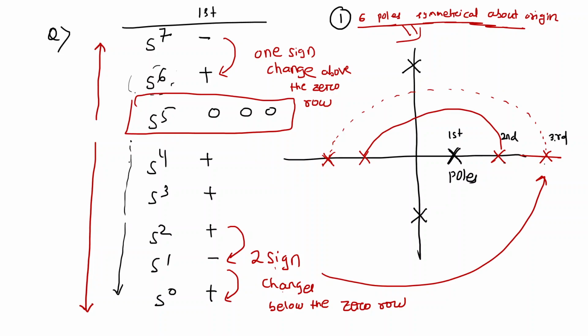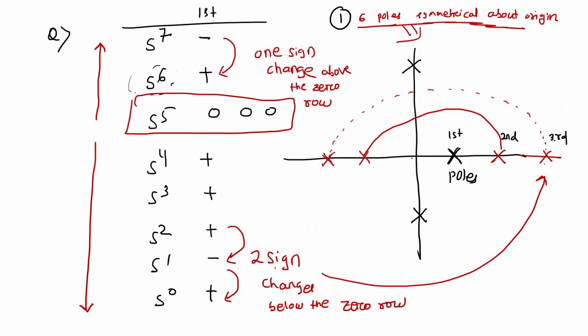You check from that 0th line how many sign changes are below it. 2 sign changes. So these 2 poles which lie on the right hand side should have symmetrical poles about the origin.